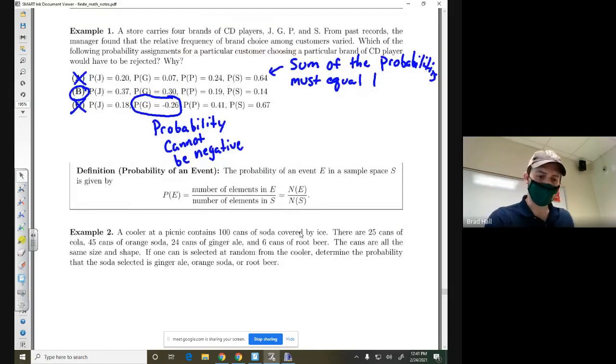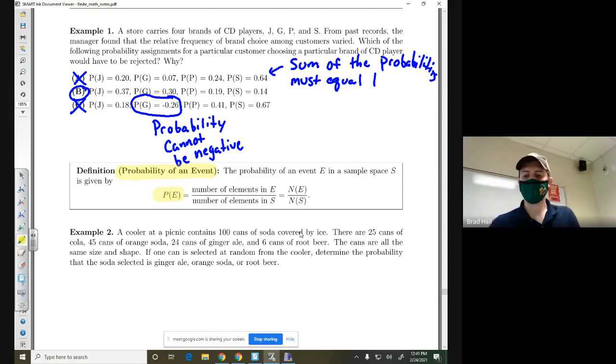The probability of an event in its most formal explanation: if you have a sample space of all of these different occurrences and you want to figure out the probability of one event, which could be a combination of occurrences within the sample space, it's denoted normally with a capital P in front of an E. E represents the specific event, and P is the probability.